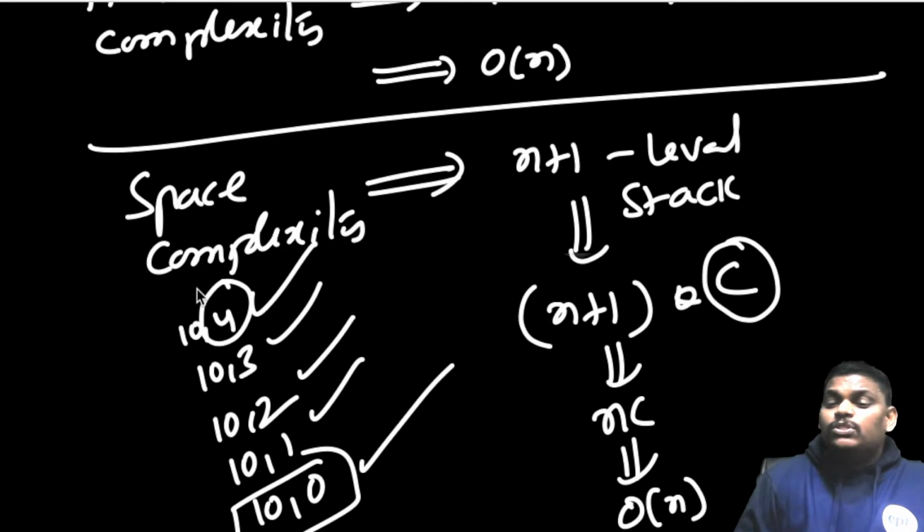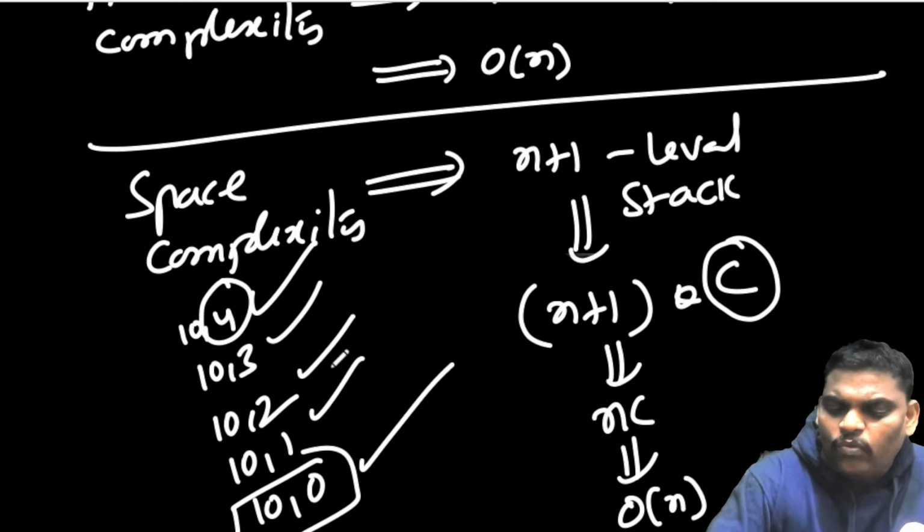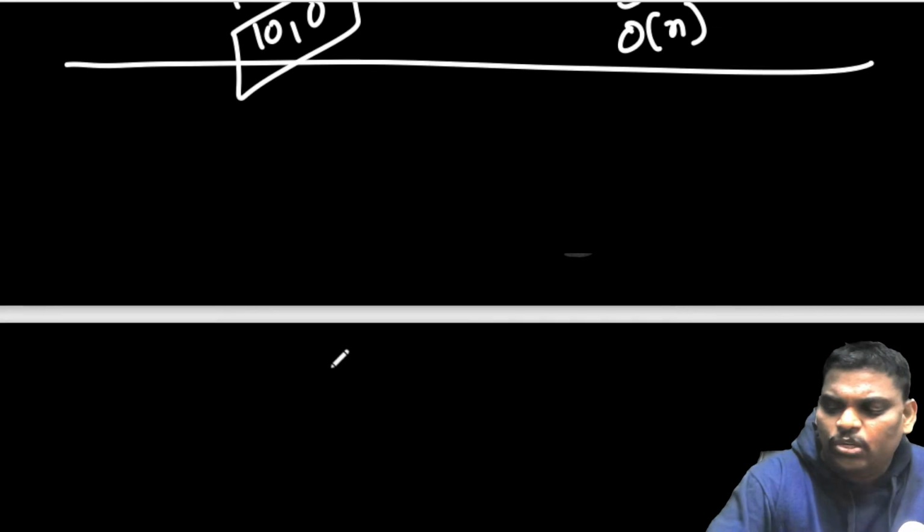Time complexity means how many times the loop runs. Recursion is also a loop only. How many times does the loop run? Right, perfect. Let's go further. I am thinking that you are almost okay. Go to the next one.